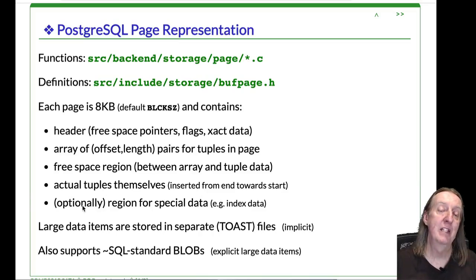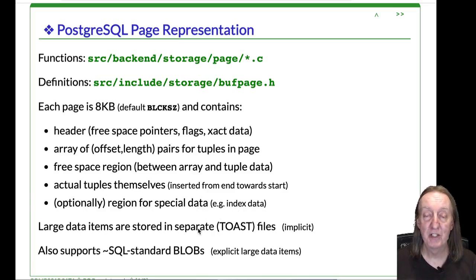And also we may have a region for storing things like index data. Large data values are stored in separate files called toast files, which I'll talk about at the end. But that kind of storage is largely invisible to the functions that manipulate tuples.